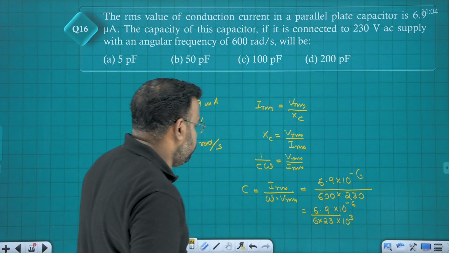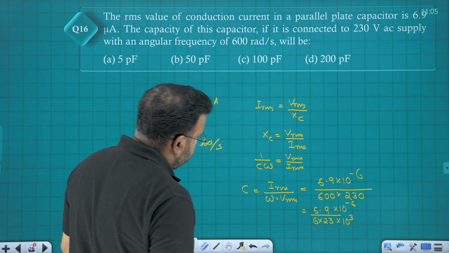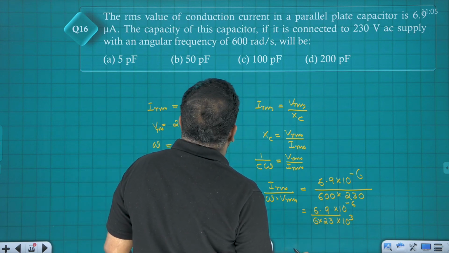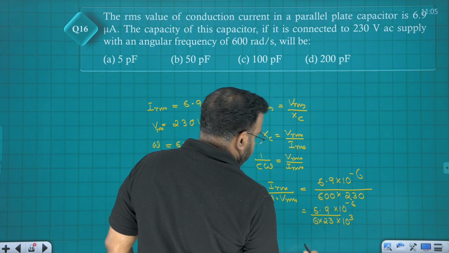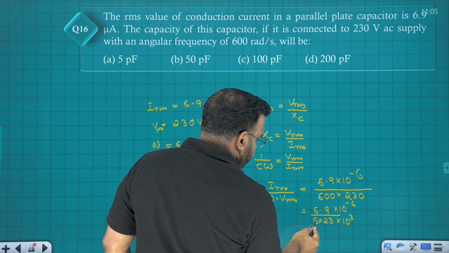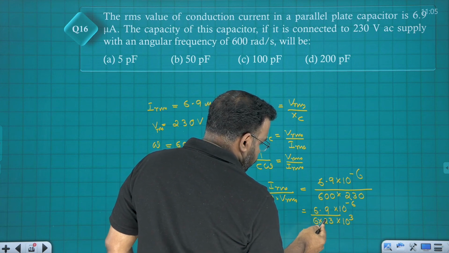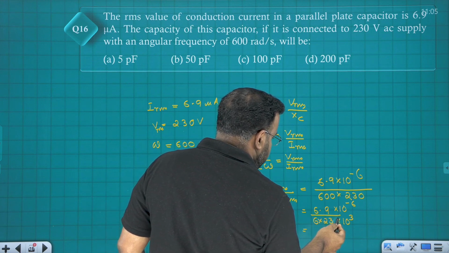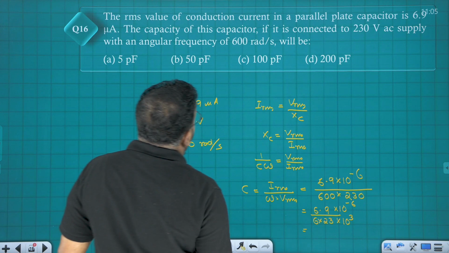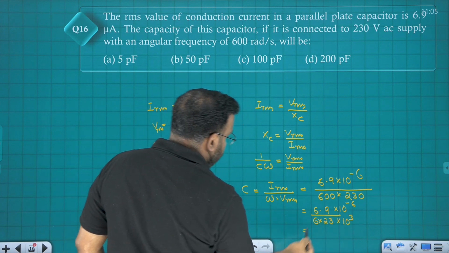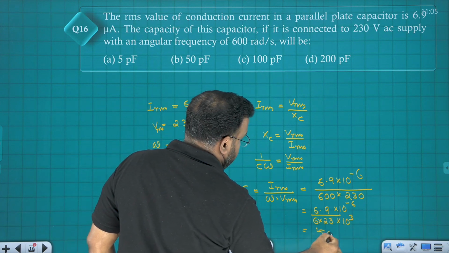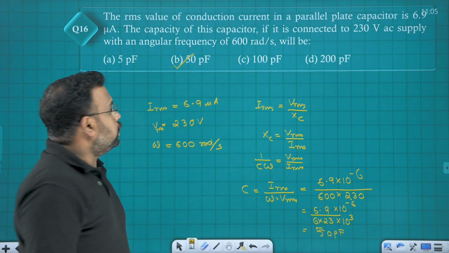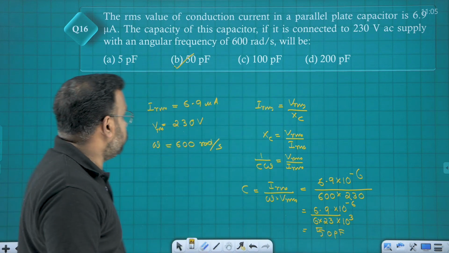So, 6.9 by 2.3 will become 3. This minus 3 will go up, minus 9. Check the options. 3 by 6, 1 by 2, so 0.5 into 10 to the power minus 10. Answers are in pico, so we need 10 power minus 12 here. So, we will get 50 picofarad. That will be the answer for this. You can check the calculation part, 50 pico.